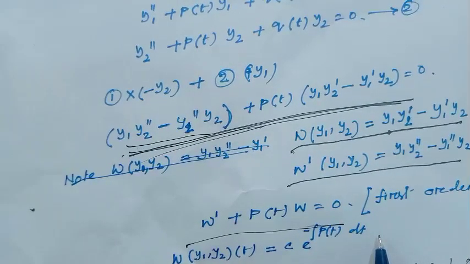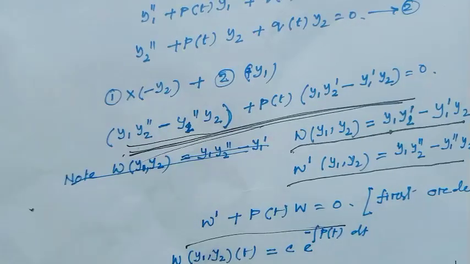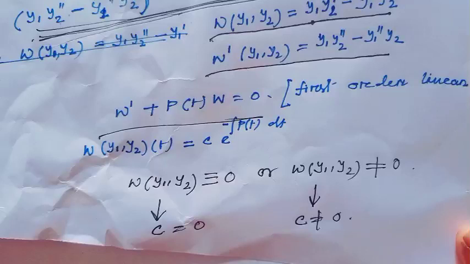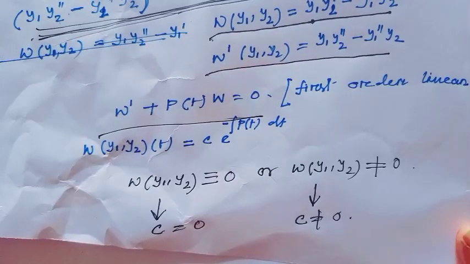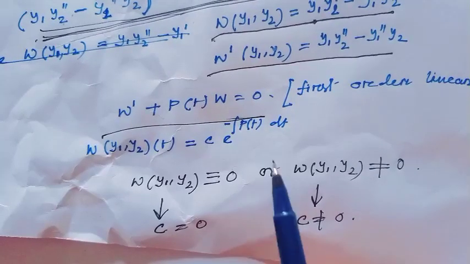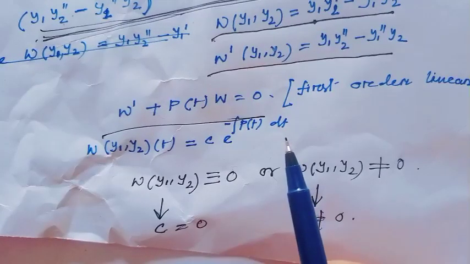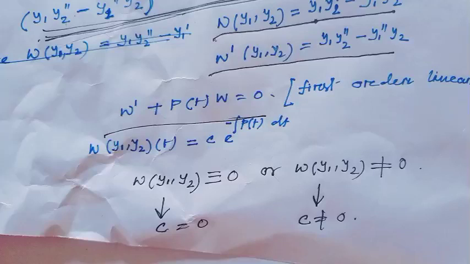I hope all my viewers have understood this type of question. Okay, well. And we all know the Wronskian is either identically equal to 0 or not equal to 0. If the Wronskian is identically equal to 0, since e^(-∫p(t)dt) can never be 0, that implies c = 0.